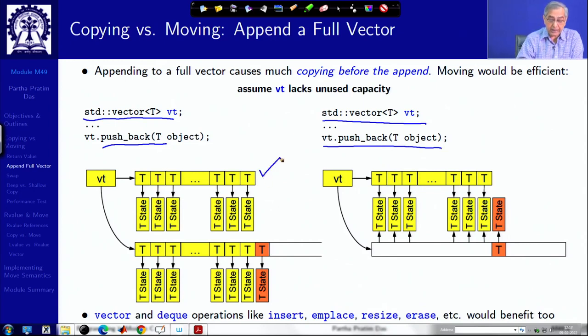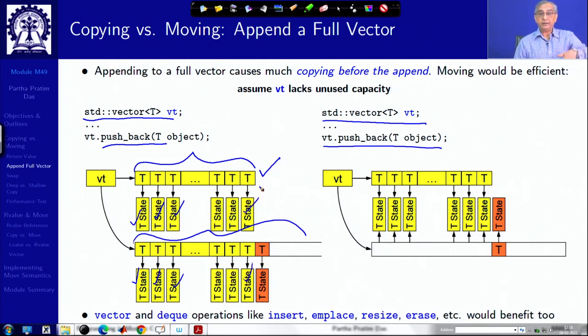So, this is the original state of the vector, all these T objects were existing. Since it has run out of space, I take a bigger space and then I copy each object, this entire vector, and then I add the new element.